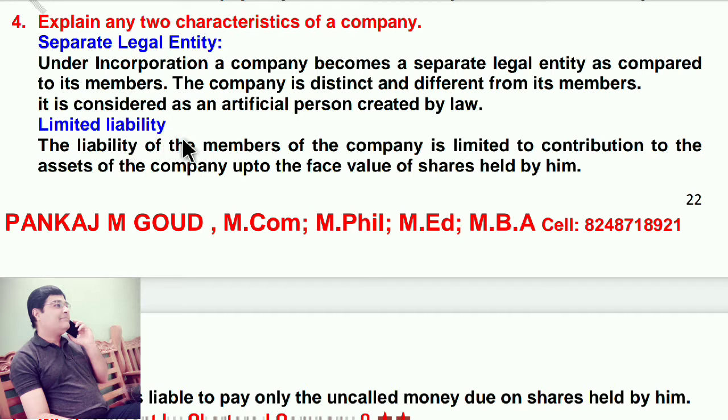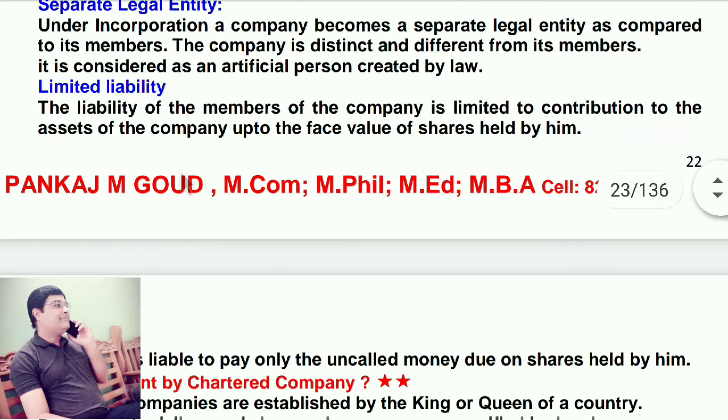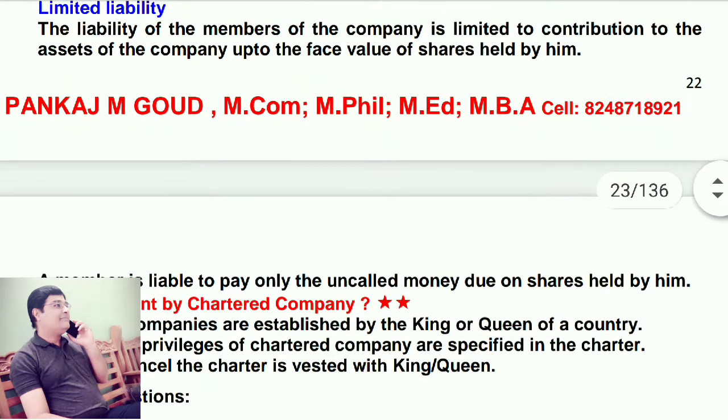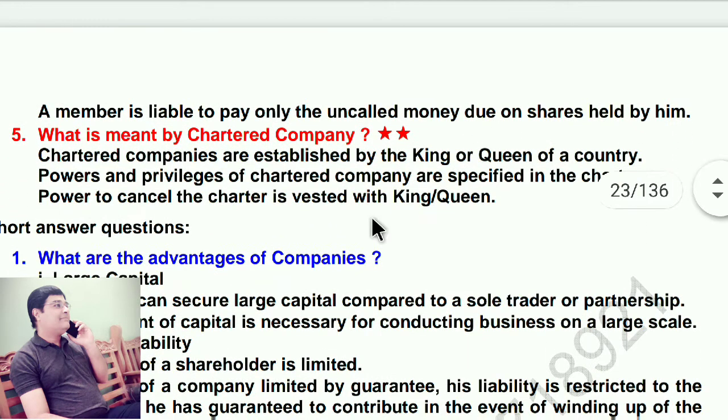Limited liability. Just now we stated limited liability. The liability of the members of the company is limited to contribution to the assets of the company up to the face value of shares held by him. A member is liable to pay only the uncalled money due on shares held by him. So if he paid the balance due, then there is no more liability.